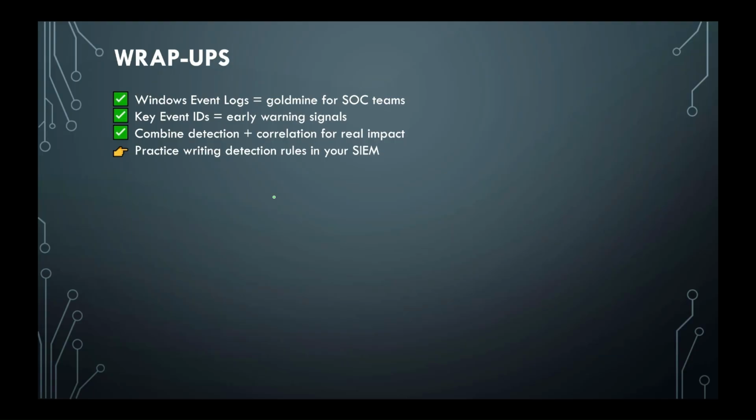Knowing which logs to monitor and how to interpret them is crucial for any SOC analyst. So take this knowledge and start applying it in your environment to build a robust detection framework. And remember, practice makes perfect. So keep an eye on these event IDs and experiment with writing your own detection rules.